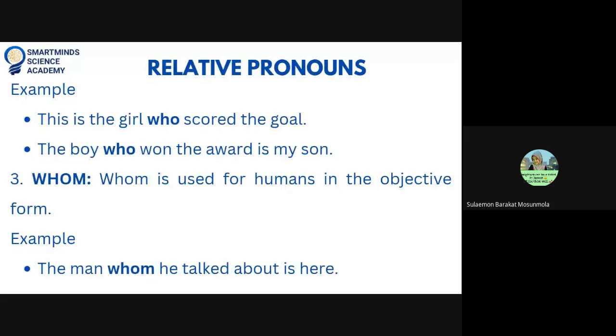And when we say dependent clause, dependent clauses are those clauses that can't stand alone. When they stand alone in a sentence, they will not make complete sense. For example, scored the goal. If I say this is the girl, I can say this is correct. If I do not want to tell you anything further, then you shouldn't ask any question about it.